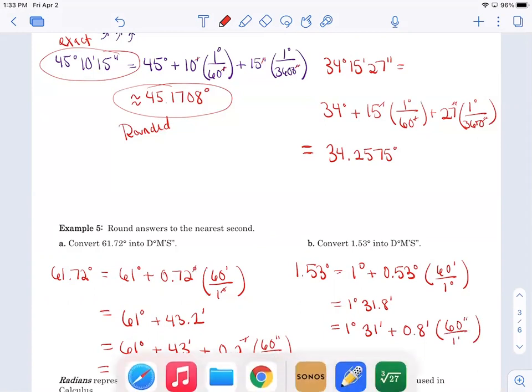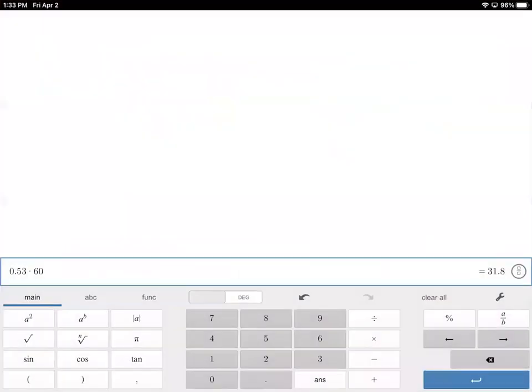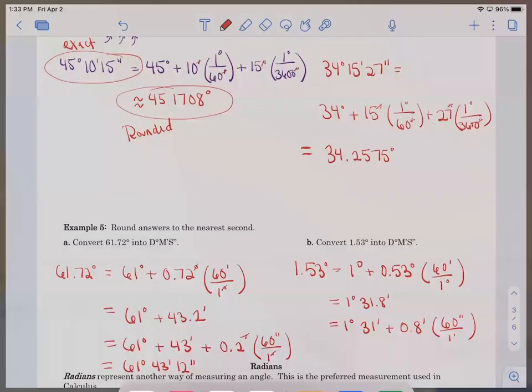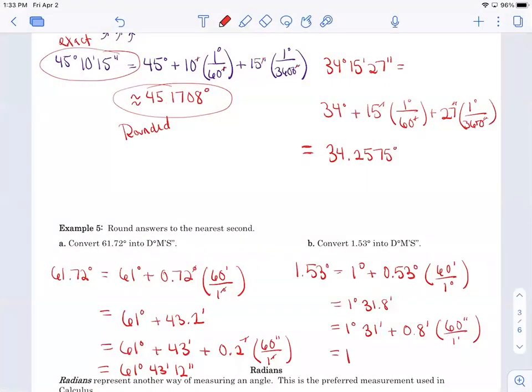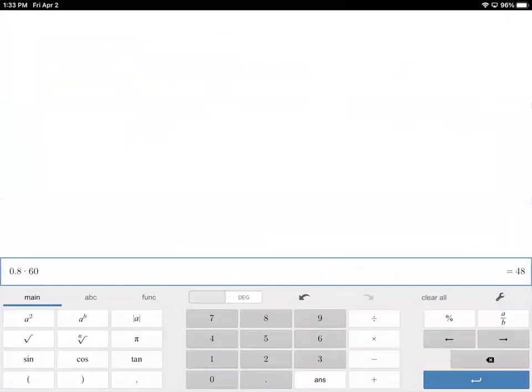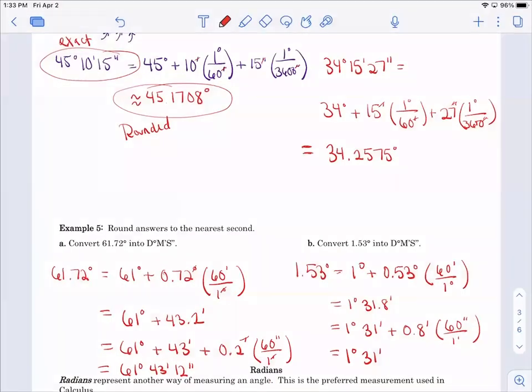When I go to my calculator, I'm going to do 0.8 times 60, so 48. So we get 1 degree, 31 minutes, and 48 seconds.